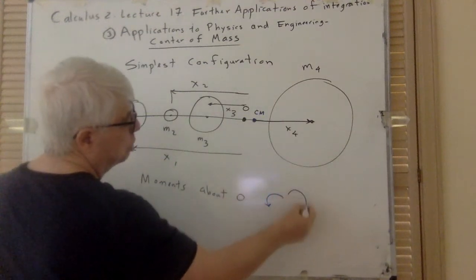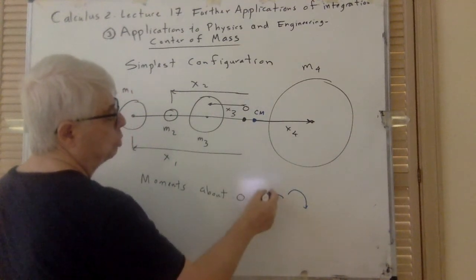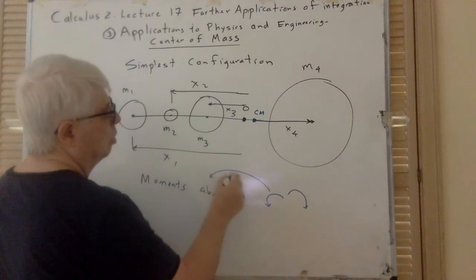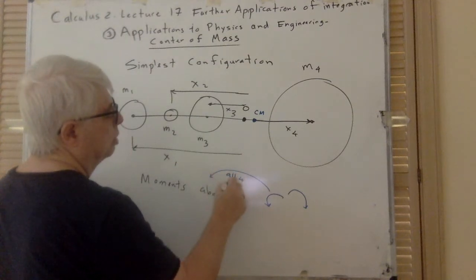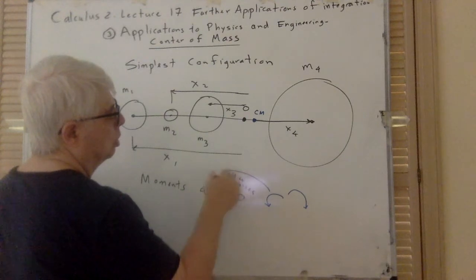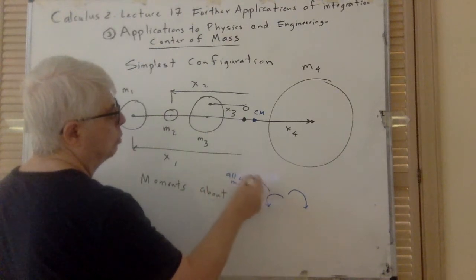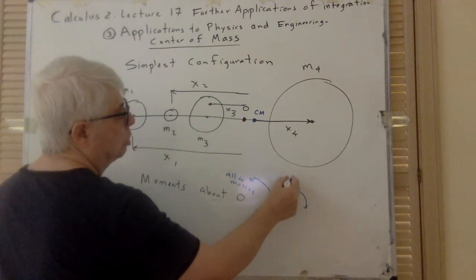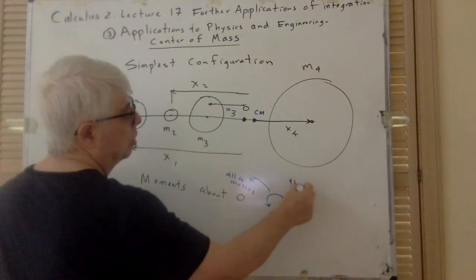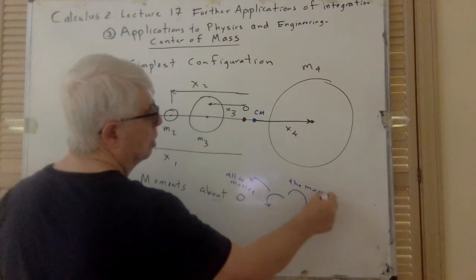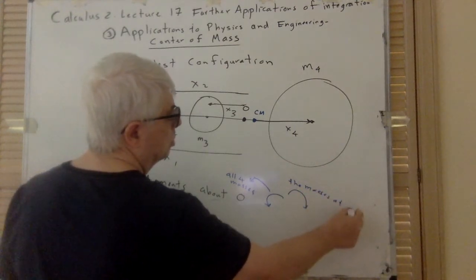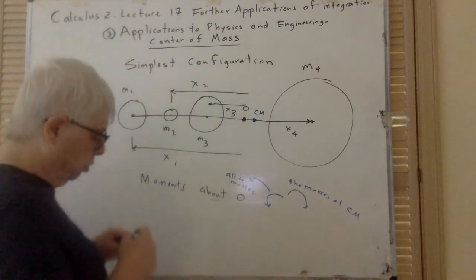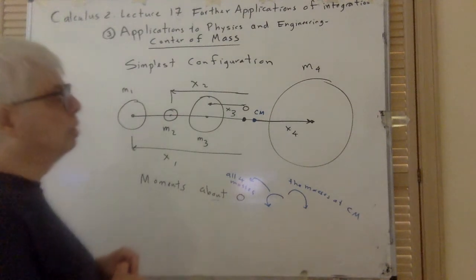This one is produced by all four masses, and this one by the masses at Cm. So it's like we gather all of them at Cm.